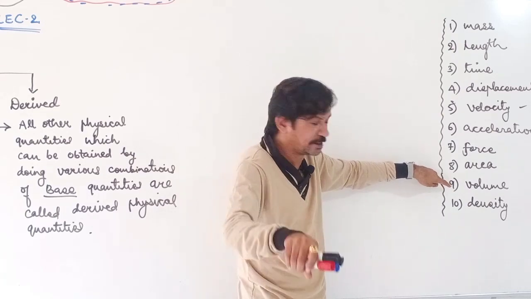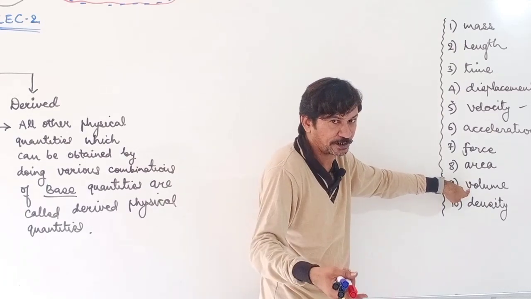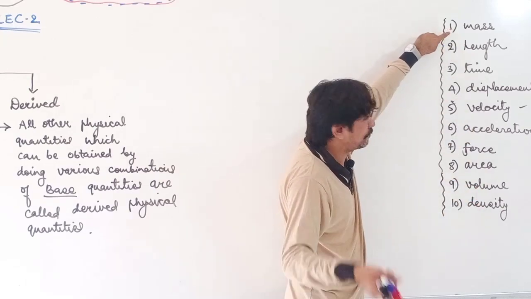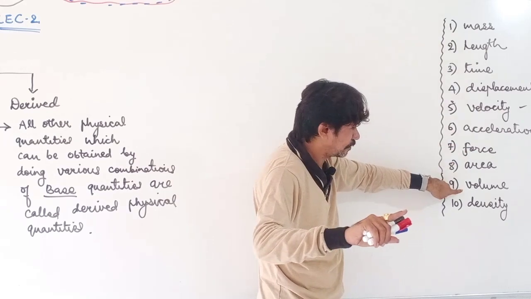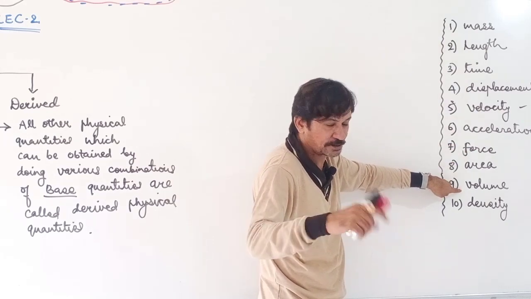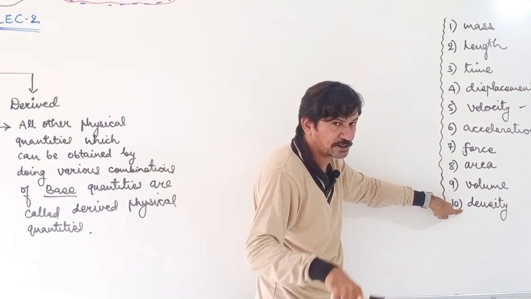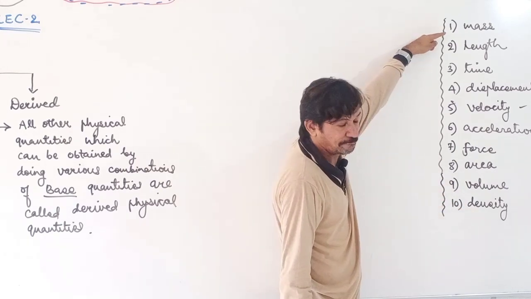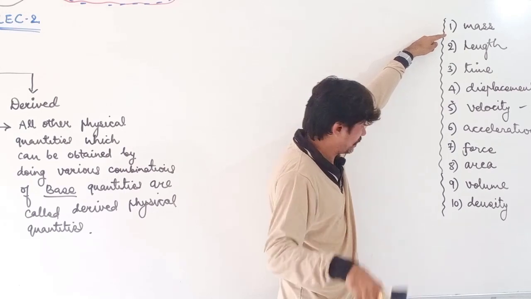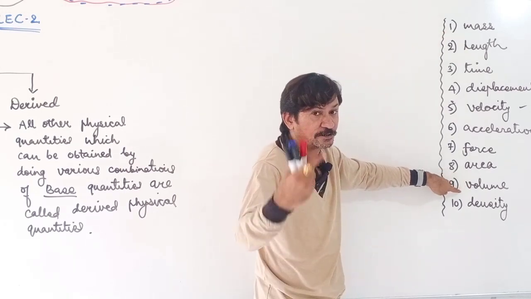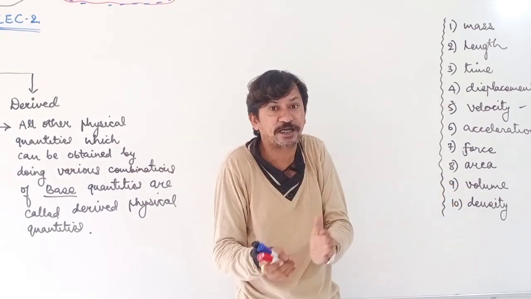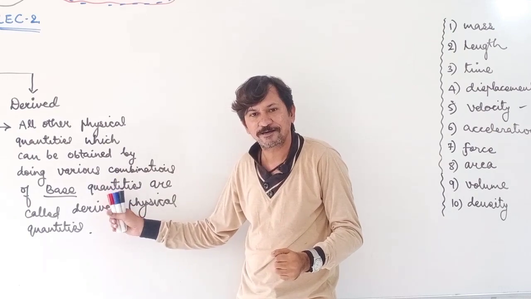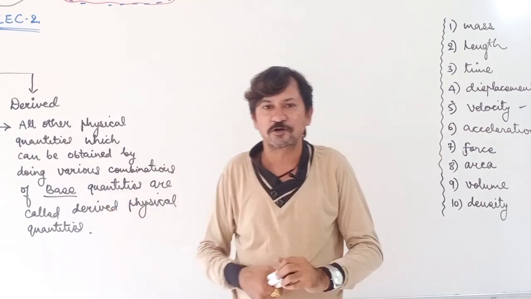Now you already know that volume is a derived quantity. Density requires one fundamental and another one derived quantity. One of them is mass, and that is fundamental. Another volume, that is derived. So density is obtained as the combination of different quantities, and hence density is a derived physical quantity.